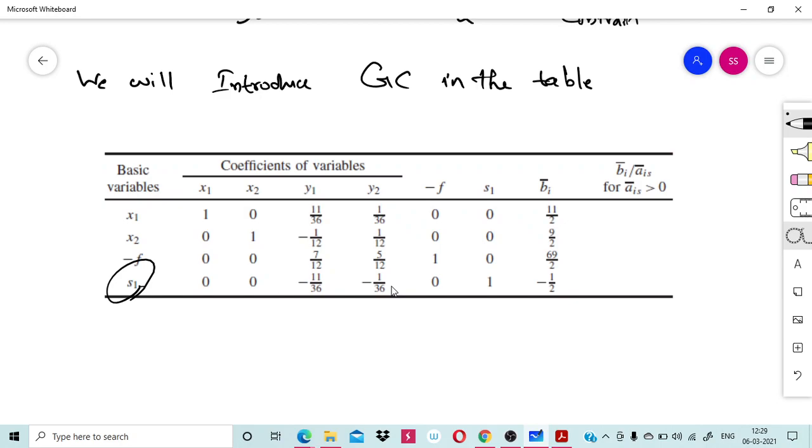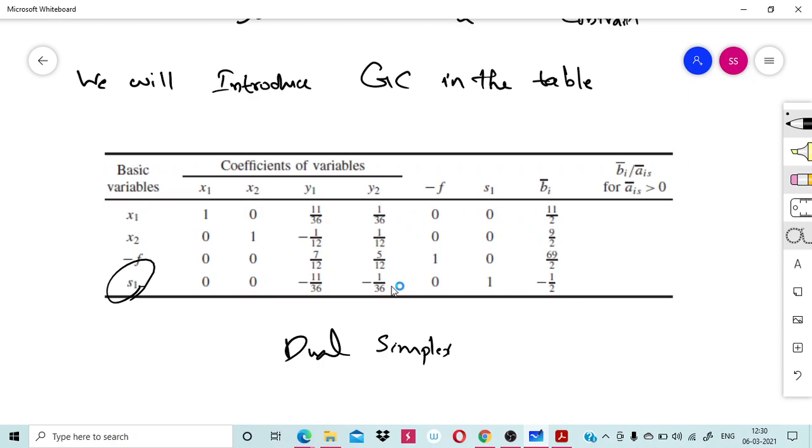So yes, now in what way you have to proceed, you have to update this table, that is our next question. So for that you have to apply the dual simplex method to find the new optimum solution. Why?